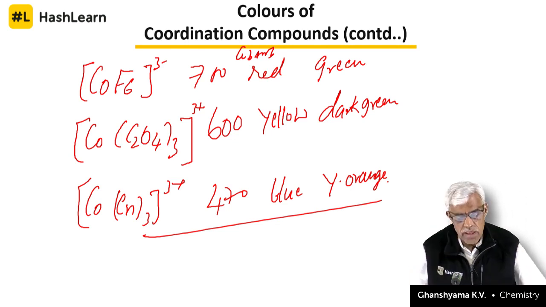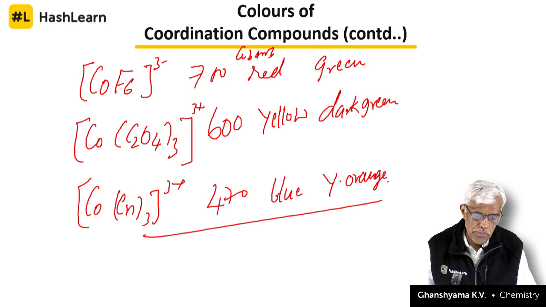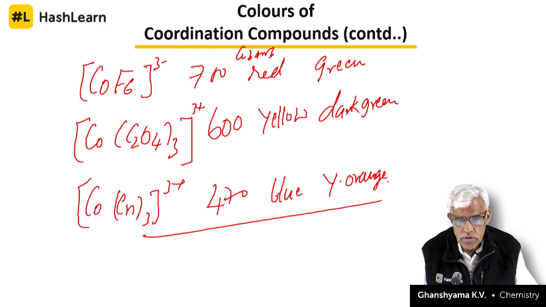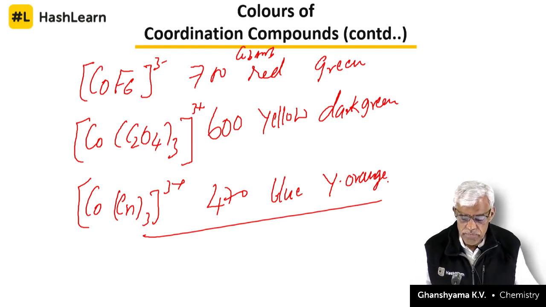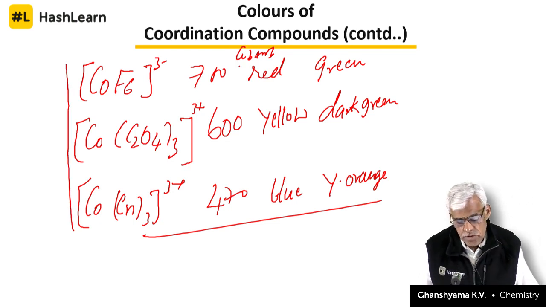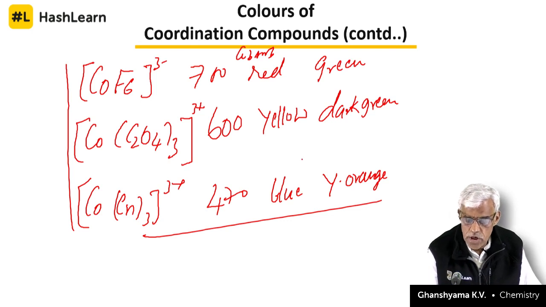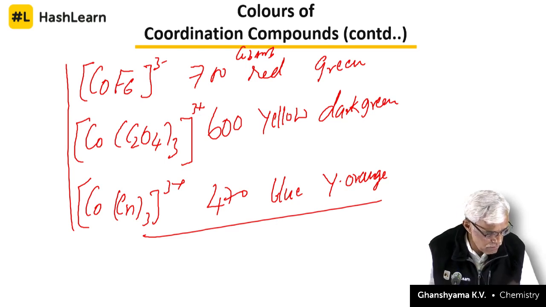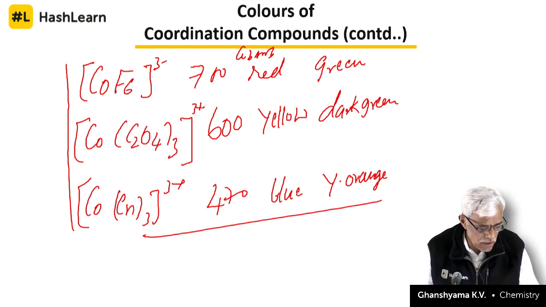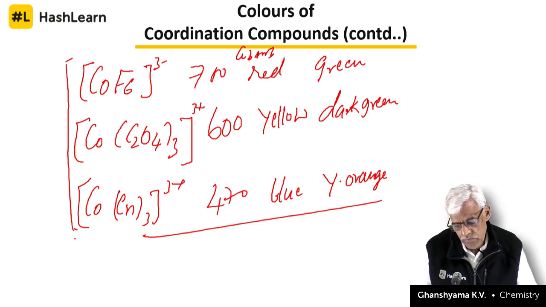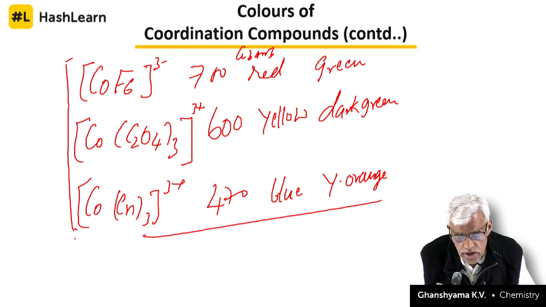If it absorbs one color, the electron gets excited, while coming back it transmits the complementary color. I have given you the absorption band here, 700, 600, 470, and the color that is absorbed and the color that is transmitted. So this is how you can calculate the energy required for this excitation of electron by any particular light. So this is about the coordination compound.